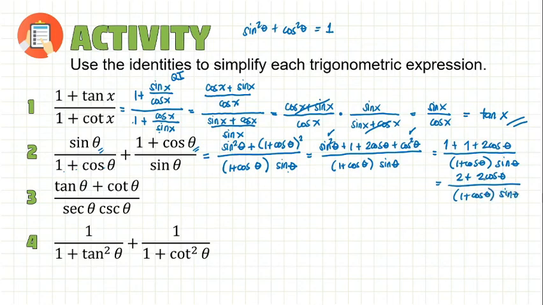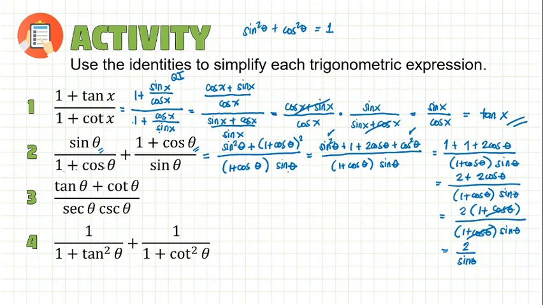Now, 2 is common in the numerator, so we can factor out 2. So we have 2 times 1 plus cosine theta all over 1 plus cosine theta sine theta. 1 plus cosine theta, common in numerator and denominator, that is just 1. So what's left now is 2 over sine theta.